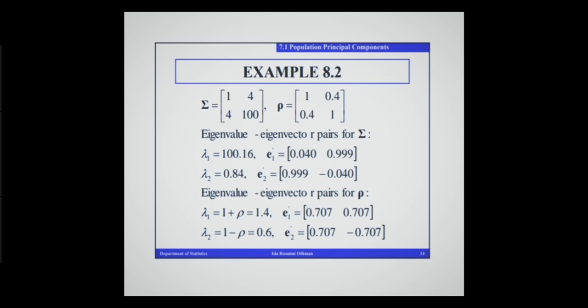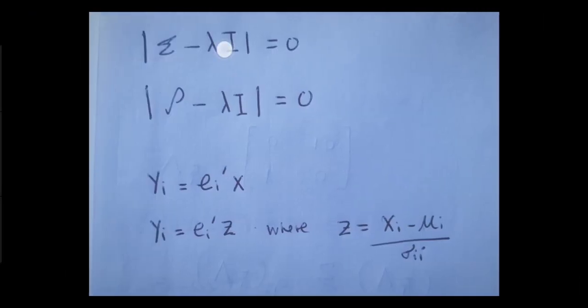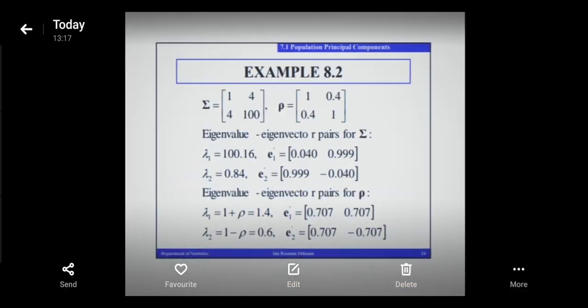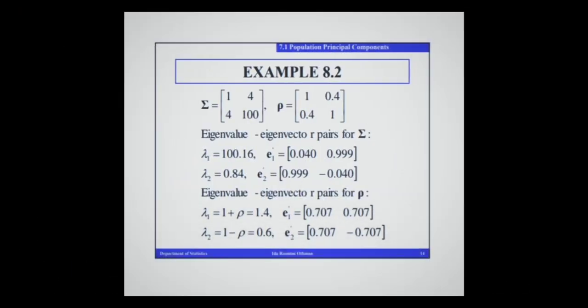Okay, let's see one by one. Let's say we want to find the eigenvalue using the big sigma. Okay, so we will use the formula of this one. Okay, so here we get these two eigenvalues and their paired normalized eigenvectors.